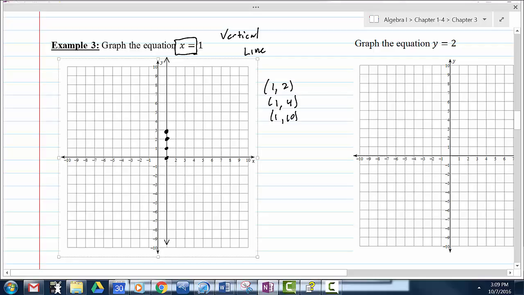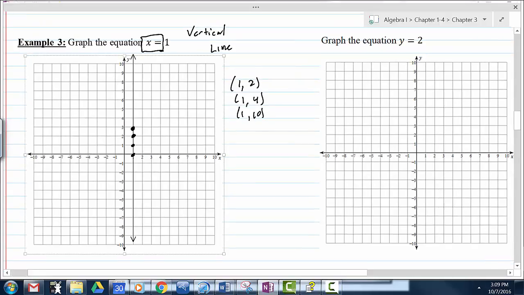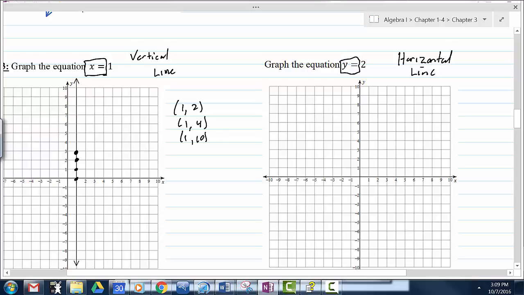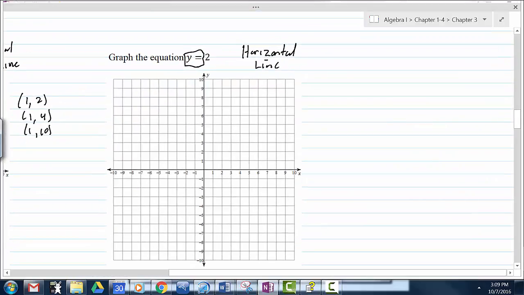I just wanted to point out to you, anytime you see an x equals, it's talking about a vertical line. Y equals, it's going to be a horizontal line. So anytime you see a y equals, and you just have a number on it, just like with x equals you have just a number, you're talking about a horizontal line.